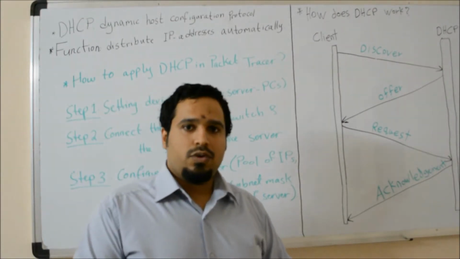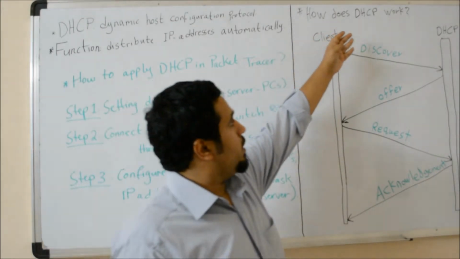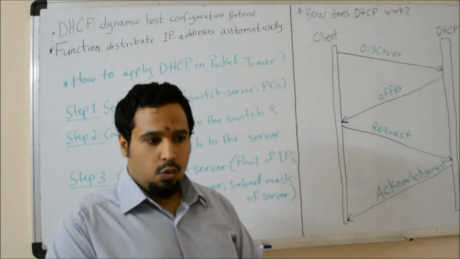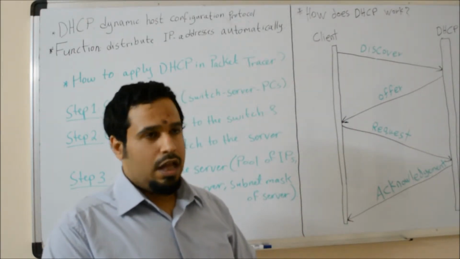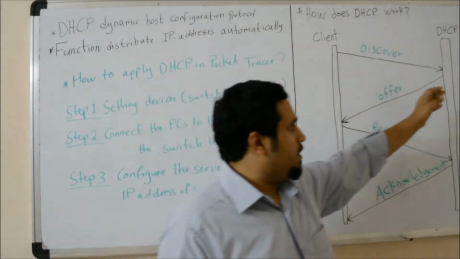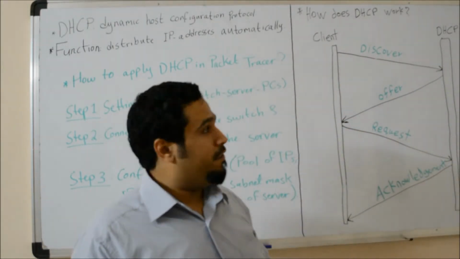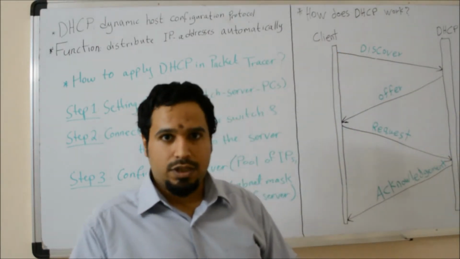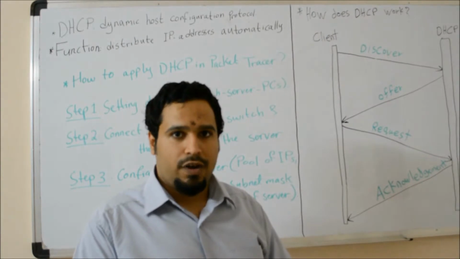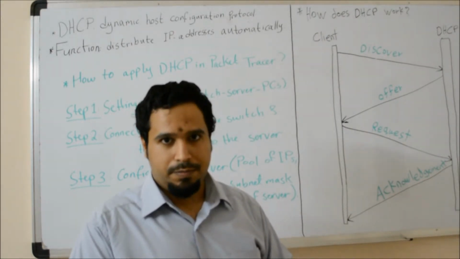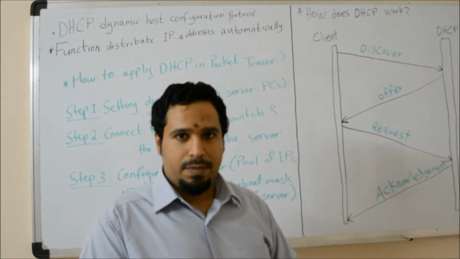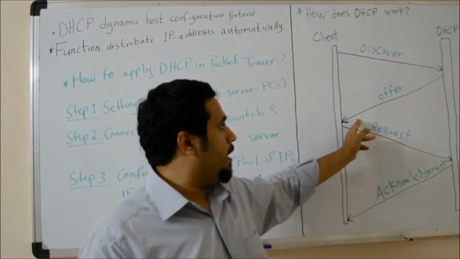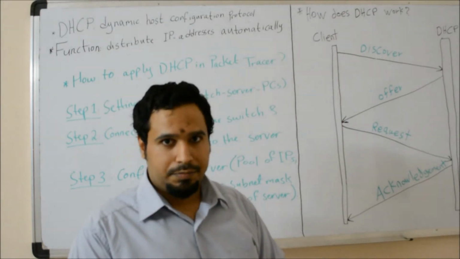And now let's look at how DHCP works. There are 4 steps in which the DHCP works. We have the client and we have the DHCP server. The first step is when the client discovers the servers around it and the services that are provided by these servers. When it finds the DHCP server, the DHCP server will offer an IP address to the client.